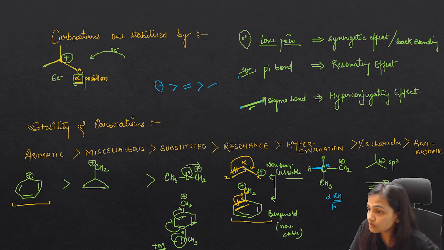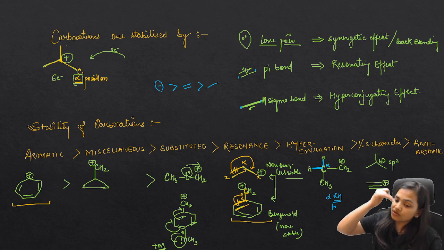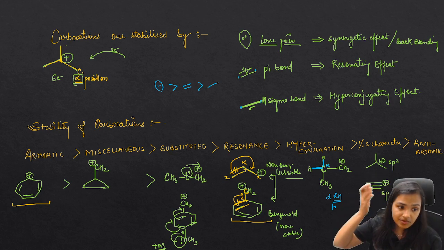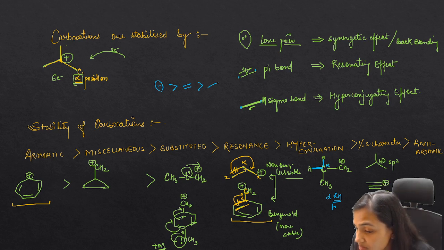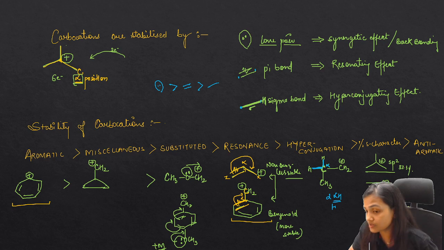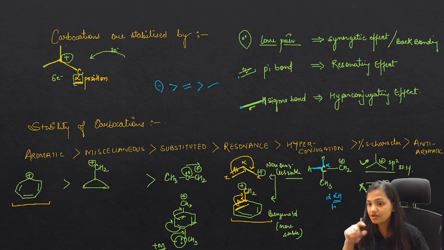As I told you, the more the percentage of P character, the more the energy and the more the stability. So as the percentage of S character increases, stability decreases. Here the percentage of S character is 33.33%, and here it is 50%. So out of these two, this is more stable and this is not. The percentage of S character determines the stability.